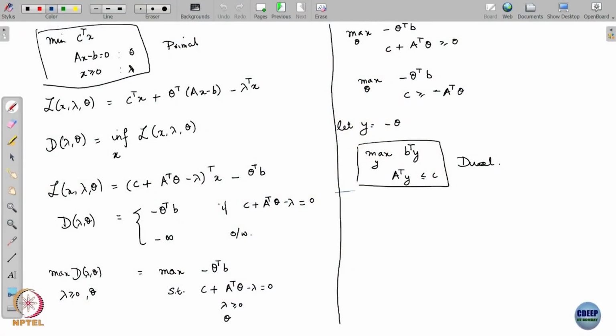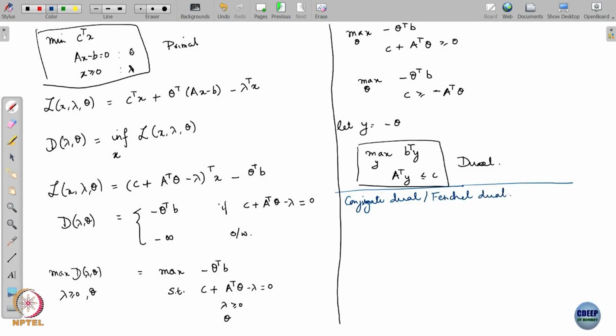So there is another dual which is called the conjugate dual, or what is also called the Fenchel dual, thanks to Werner Fenchel.